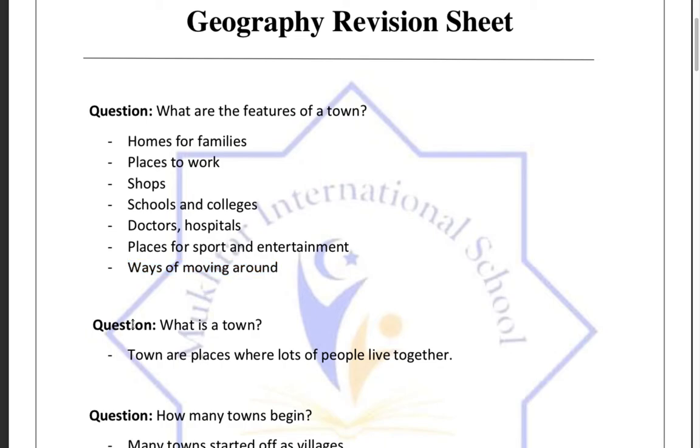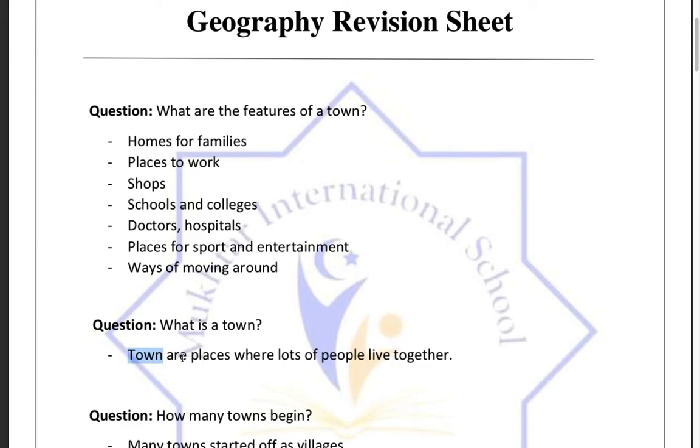Question number 2. What is a town? Let's get to know what exactly a town is. Towns are places where lots of people live together. Sorry, we dropped an S here. There is a spelling mistake here.